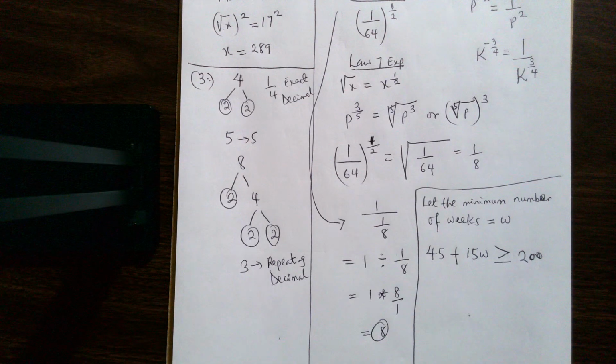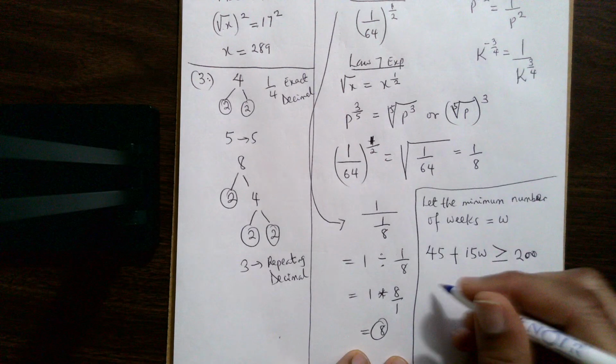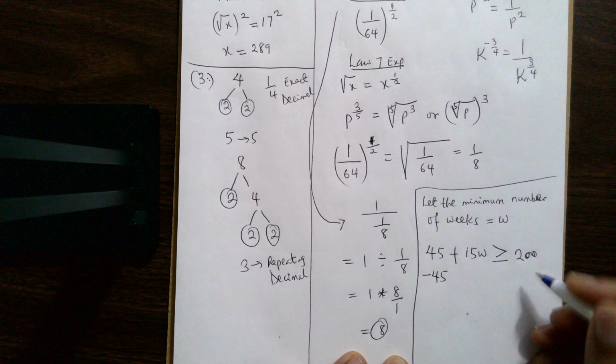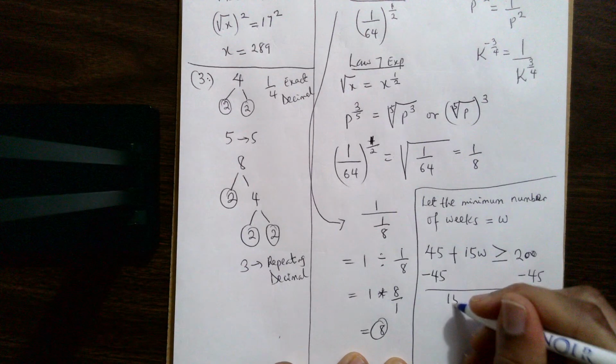So we can go ahead and subtract 45 from both sides. I know some people like to do it this way. And then we just have 15W greater than or equal to 155.